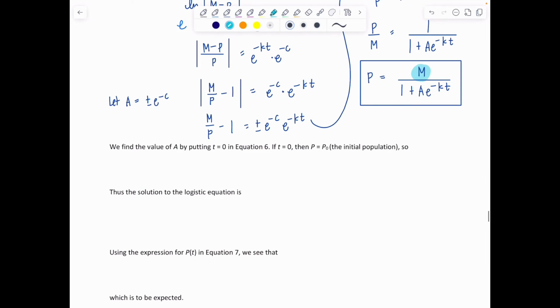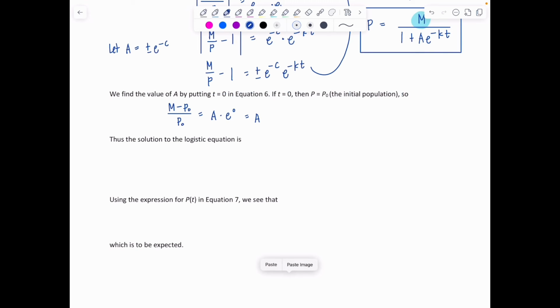We find a by putting t equals 0 into equation 6 from earlier. So if t is equal to 0, then p is equal to p naught, which is the initial population. And so we have m minus p naught over p naught is equal to a times e to the 0. And that's just going to be a.